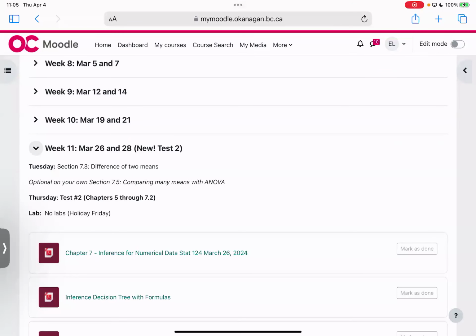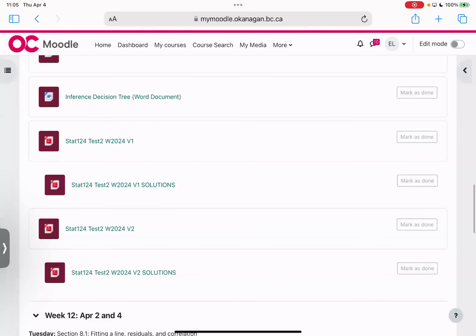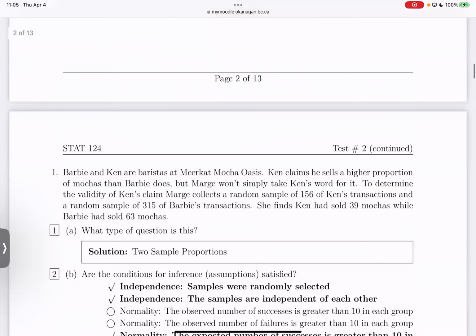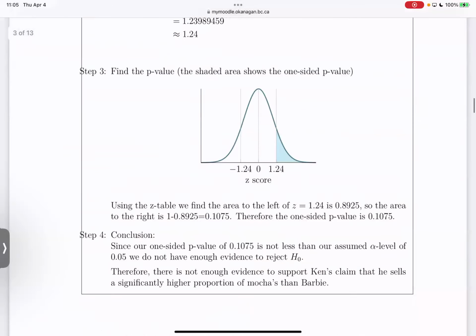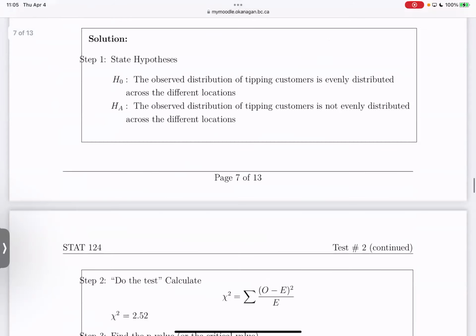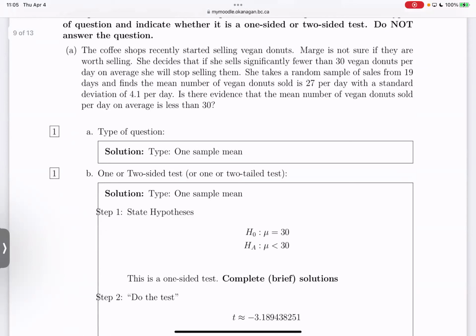On Moodle, I posted in the test 2 section, which was last week, or I guess the week, who can remember? Week 11, I posted blank versions of each of the versions, version 1, version 2, as well as the solutions, of course, for each of them. At the end, you just have to do a little fire drill, figure out what type of question you have, and whether it's a one-sided or a two-sided test, right?